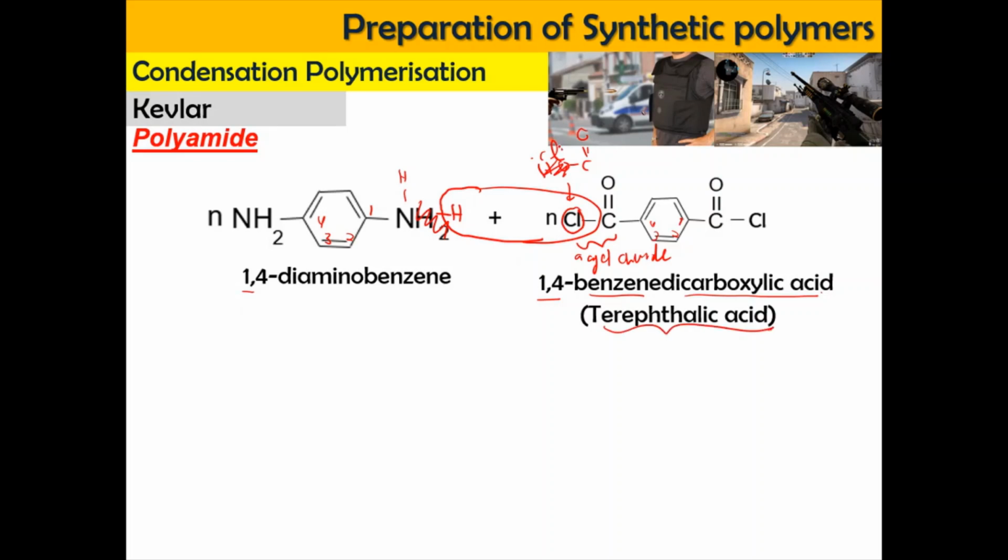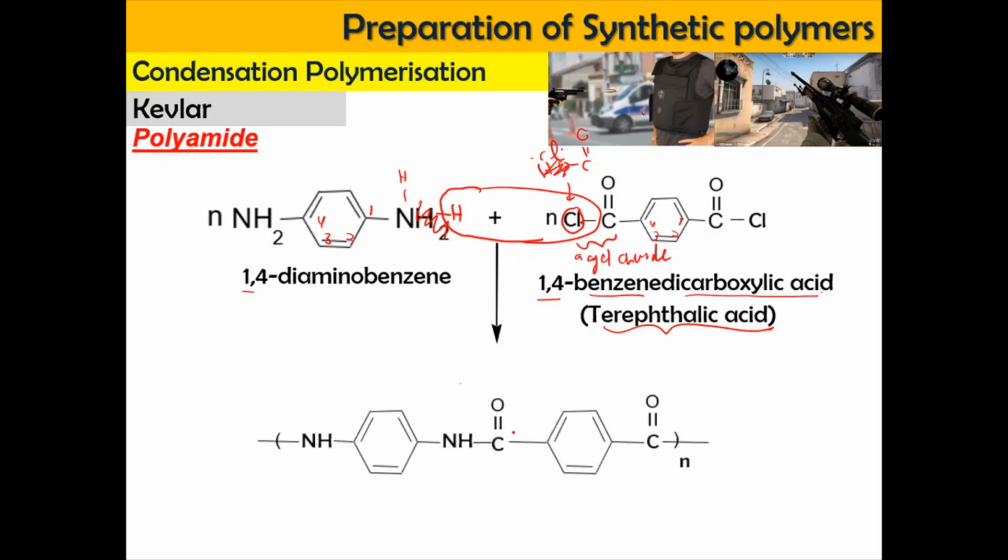Where it's going to be halogenated using chlorine. So what's going to happen here is that the H and Cl are going to be removed, and this will remove the HCl, and the NH and C double bond O are going to be connected together. This is going to produce an amide bond here.